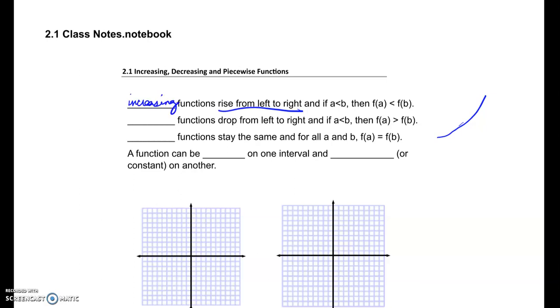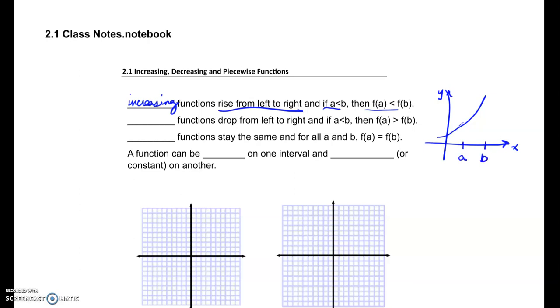Now notice this definition also has the algebraic way of saying the same thing. So let me just draw in the x and y axis here. I know this isn't perfect, but it will get the job done. If you have two values of x, let's call them a and b, such that a is smaller than b, that means b is on the right side of a.